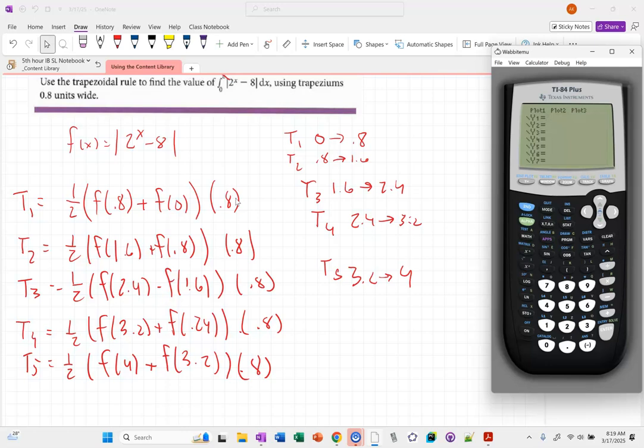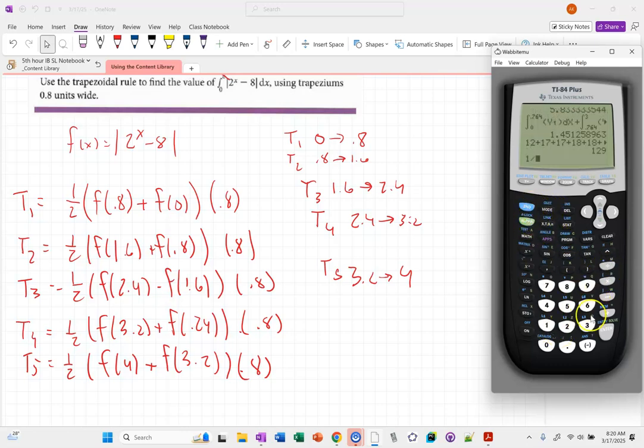I'm expecting some cuckoo decimals in here too, and the calculator can store all the decimals for me. To do the absolute value, I press math and go over to the number option. The first command there is ABS, short for absolute value. So I'll do absolute value of 2 to the x minus 8. Notice that we have no clue how to do the antiderivative of this.